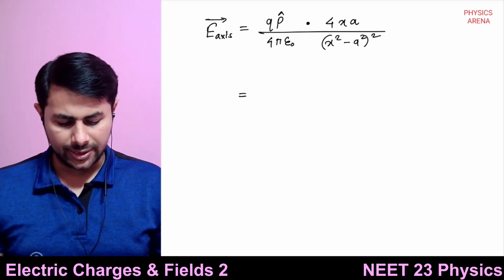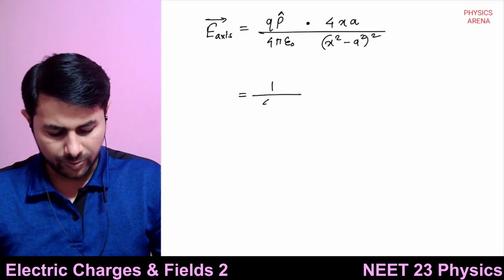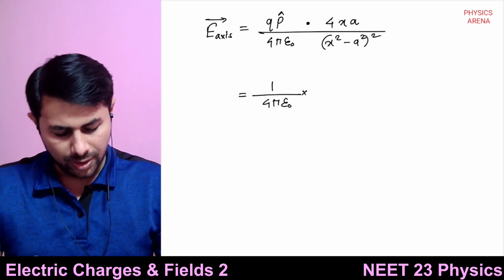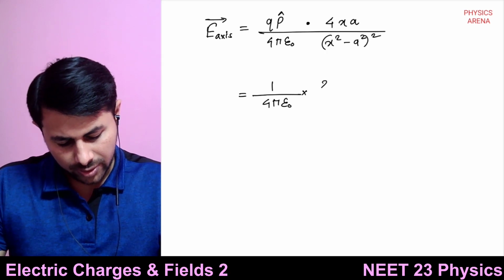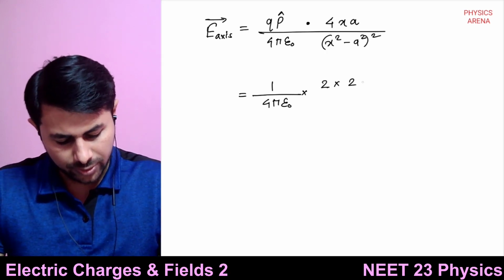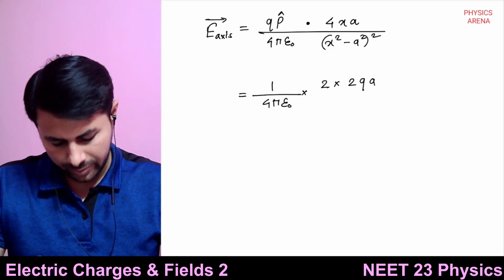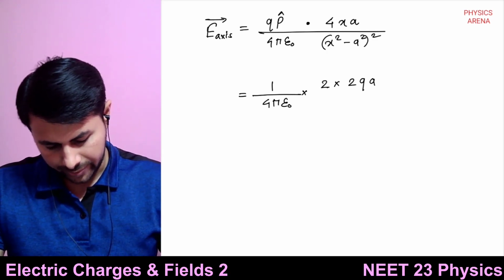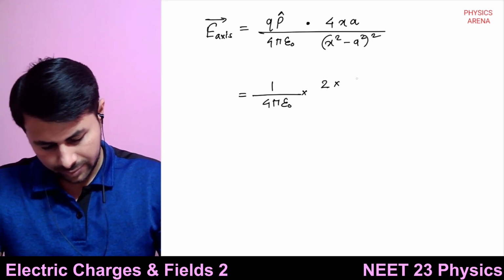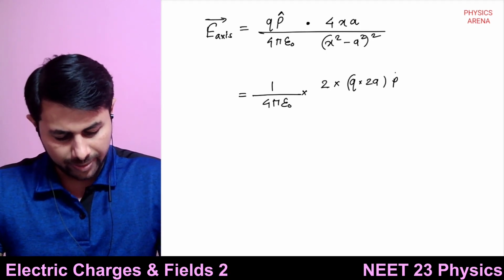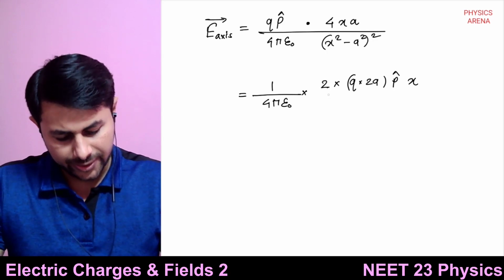And once again we'll write this as 1 upon 4 pi epsilon naught multiplied by, we'll write this as 2 times 2qa or q into 2a, multiplied by p cap multiplied by x.